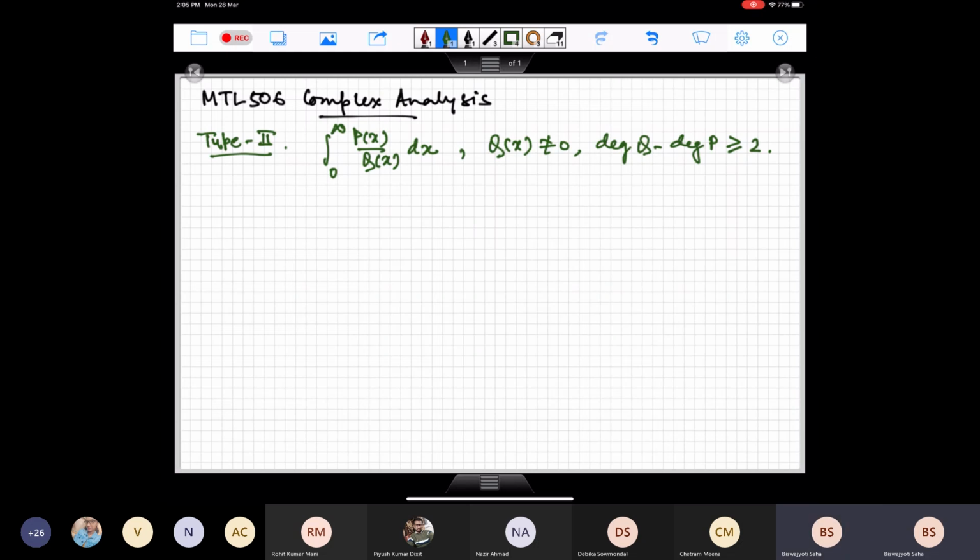So here I'm going to make two cases. For example, you see this can be related to the previous case if my function is an even function.